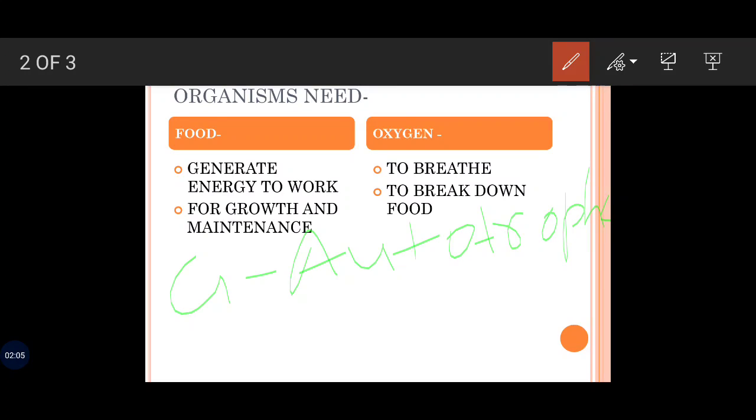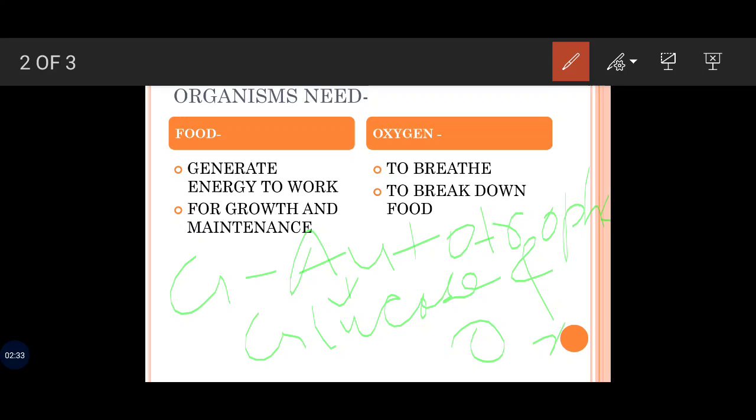That means they have self-made food. So the process of making their own food is known as photosynthesis, where the end product is glucose, and we obtain O2 after the process of photosynthesis.